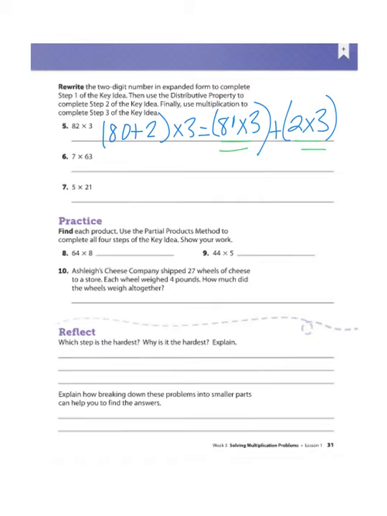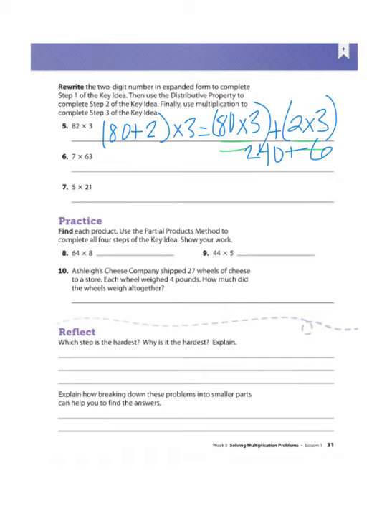So 80 times 3 would be 240 plus 6. And let me do a better job at this 80 so you can actually tell that it's the number 80. Okay, let's try number 6.